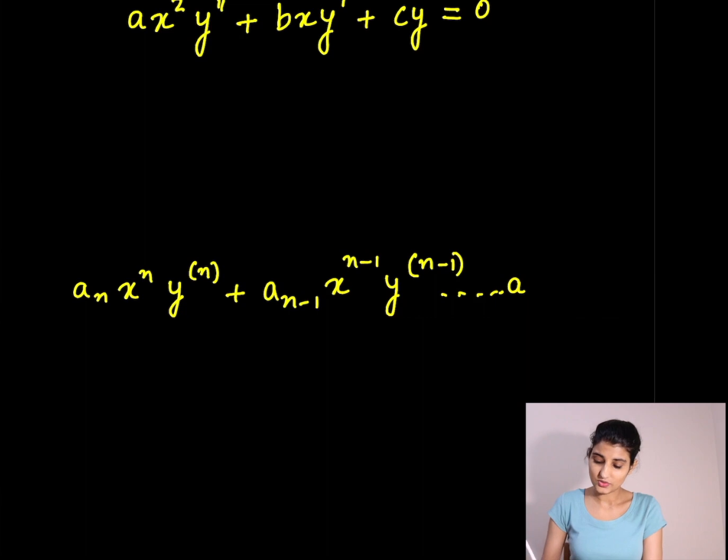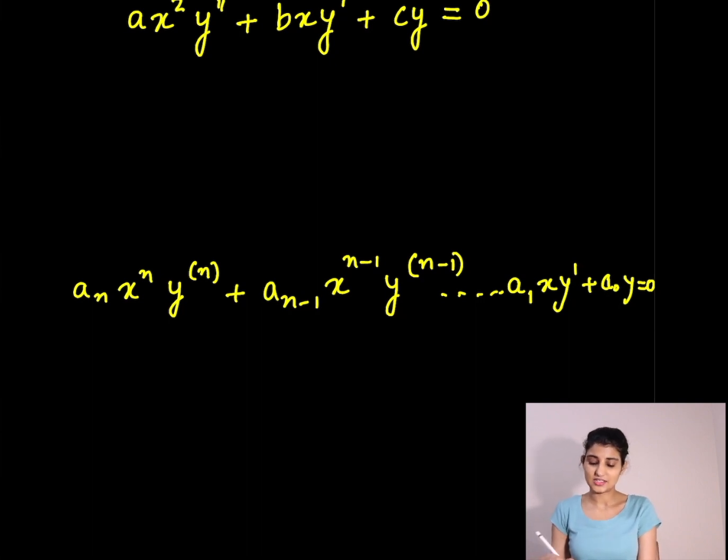In the last we have a_1 x y prime plus a_0 y equal to 0. These a, b, c and all the a_i's are constants.